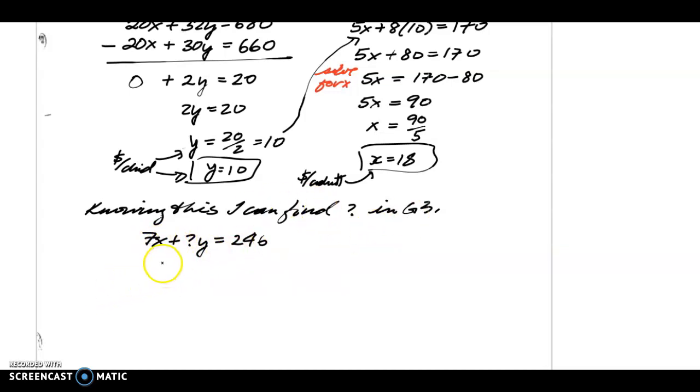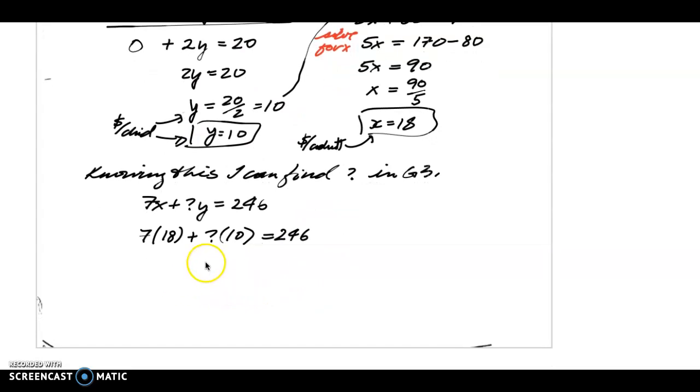Well, what you can do here is plug in what we have for x, right? So we know the cost. That means there are 7 adults times 18, plus question mark times 10, is equal to 246. So I'm going to solve for the question mark, the one I'm interested in.